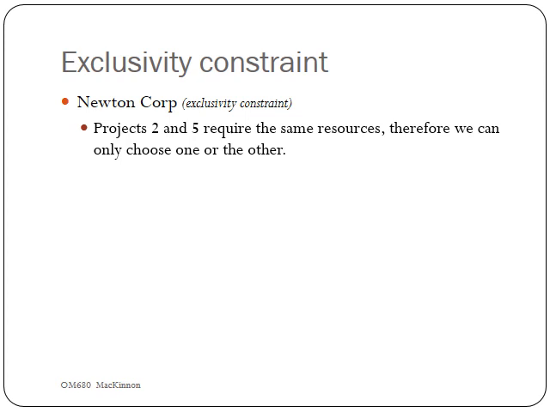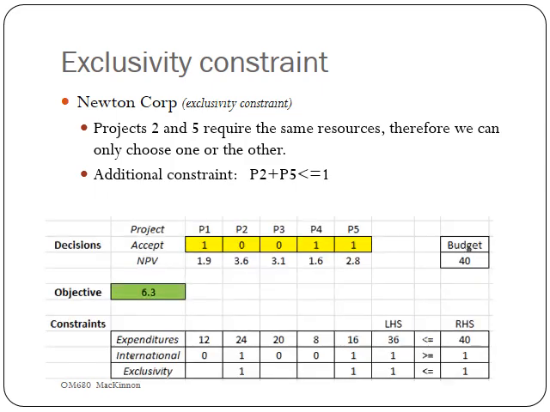So our additional constraint is now P2 plus P5 is less than or equal to 1. In the previous constraint, we said that P2 plus P5 is greater than or equal to 1. And now we are also saying P2 plus P5 is less than or equal to 1. So we need both constraints.